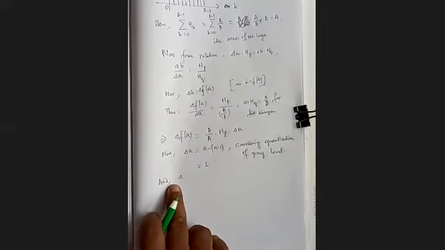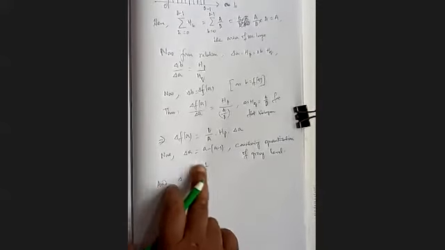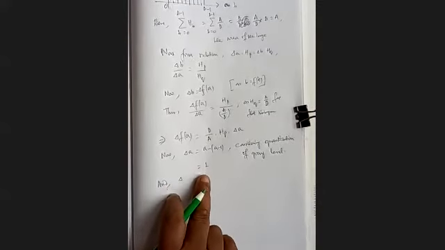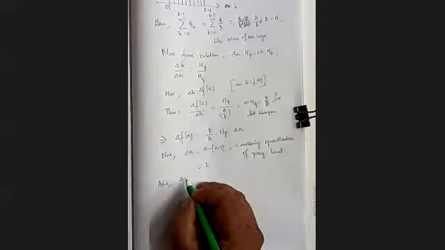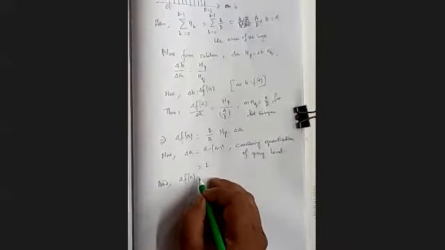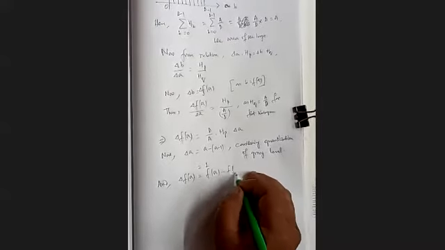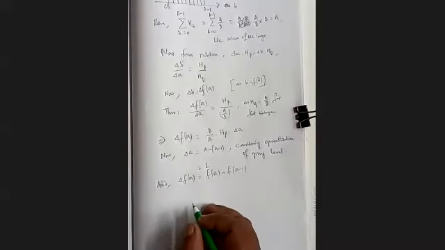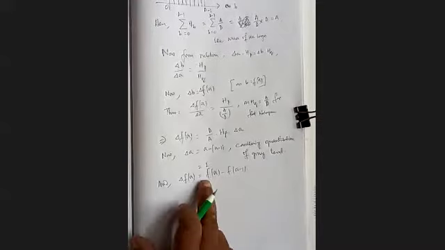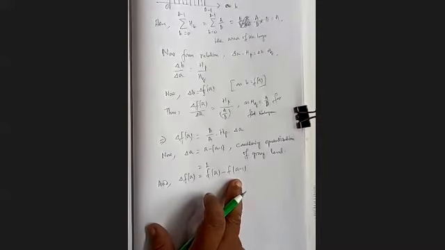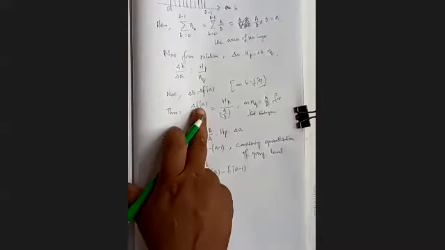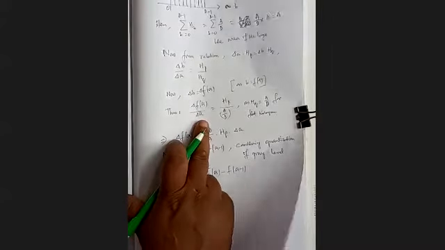So what is delta FA? Delta FA equal to FA minus F of A minus 1. Now we put this value of delta FA here and delta A equal to 1.